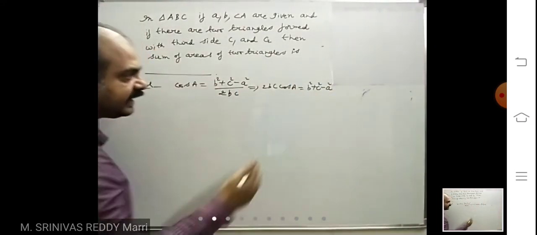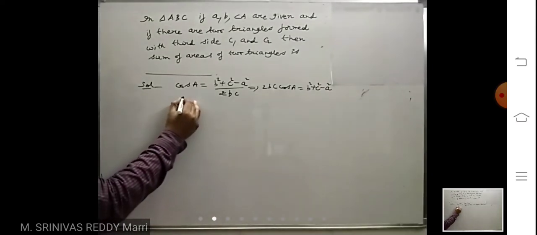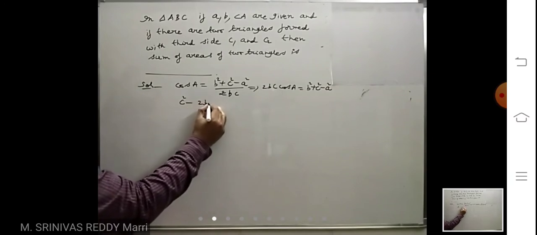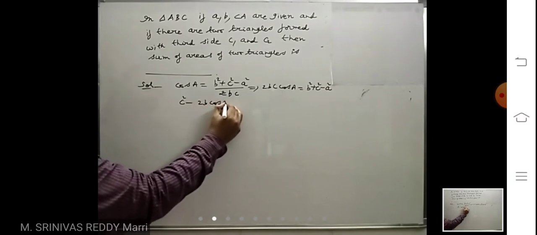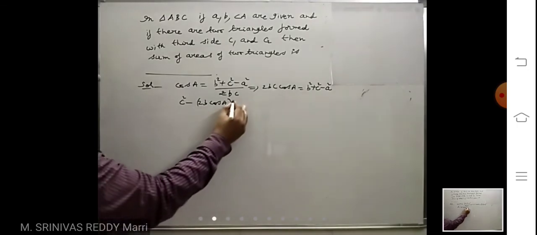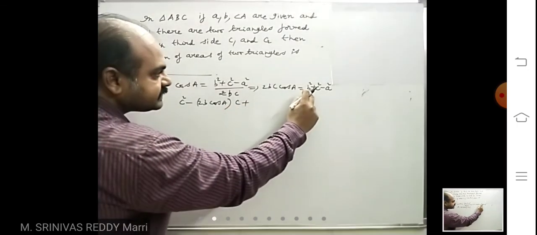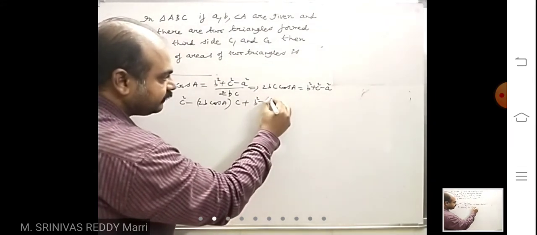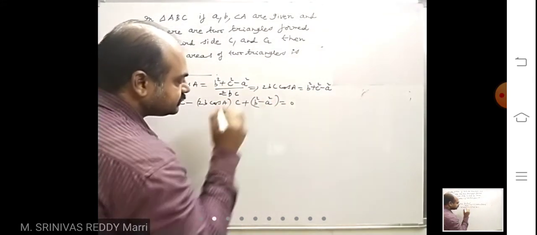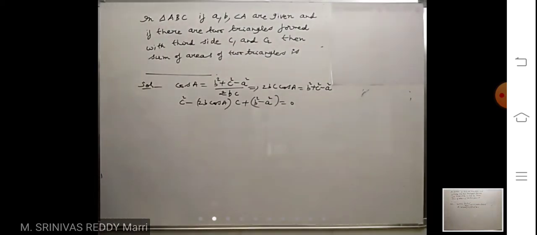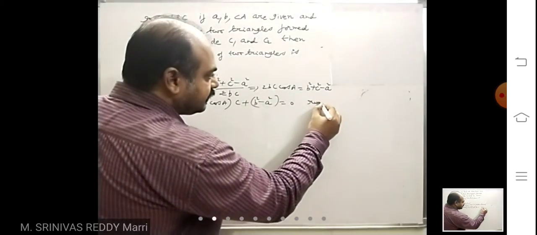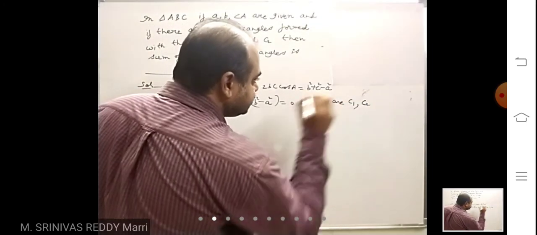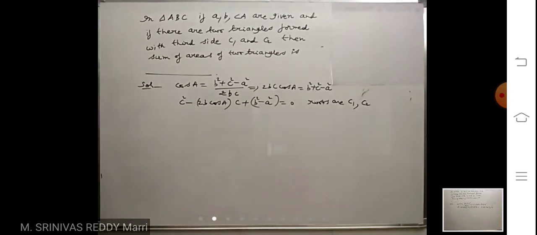Now form a quadratic equation in c. c² minus, bring that side, 2b cos A into c, plus the term which does not contain c, the constant, b² − a² equal to 0. Therefore, for this equation, the roots are c1, c2.